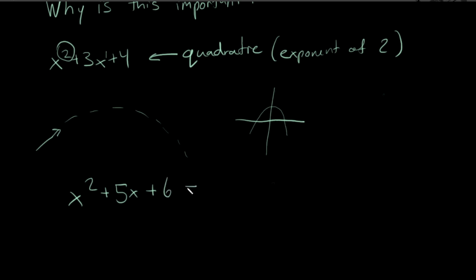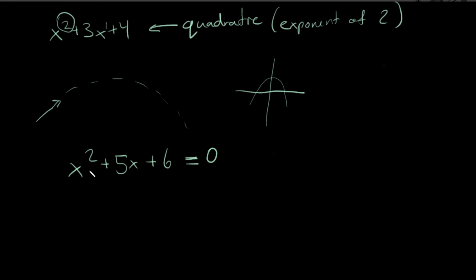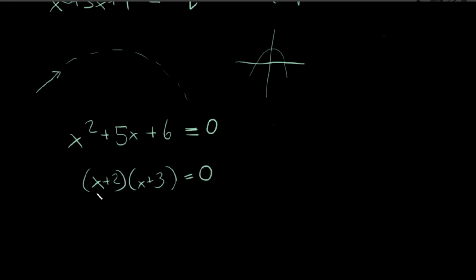If we now say this is equal to 0, then what values of x will make this equal to 0? Now, I'm just going to skip to the end where I know 1 times 6, so that's 2 times 3, so I'll say this is x plus 2 times x plus 3. Now, since we know this is equal to 0, something that you'll have to deal with in the future is saying if x plus 2 times something is equal to 0, then if x is equal to negative 2, such that negative 2 plus 2 is 0, whatever this value is doesn't matter, because 0 times anything is 0.